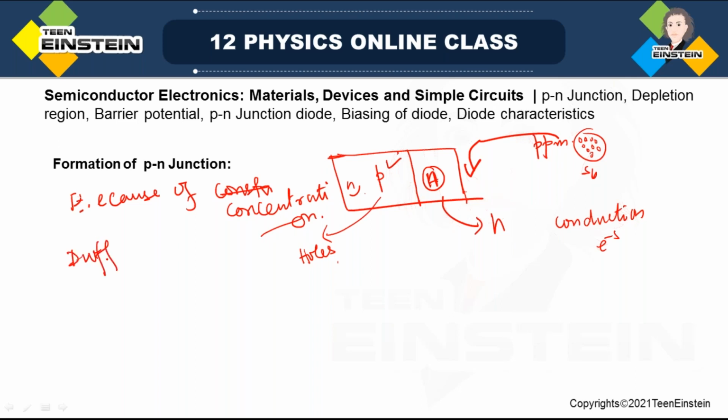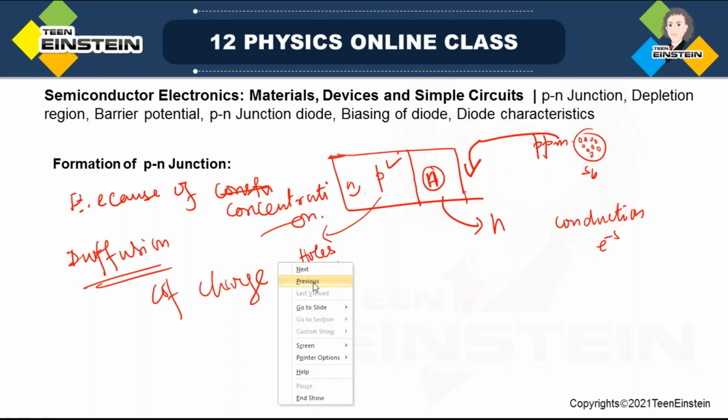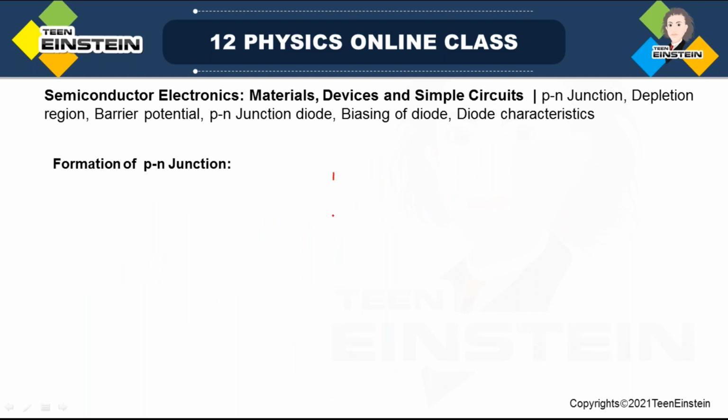Diffusion of charge carriers will happen. I'll tell you one thing: whenever there is a concentration gradient, there will be diffusion.